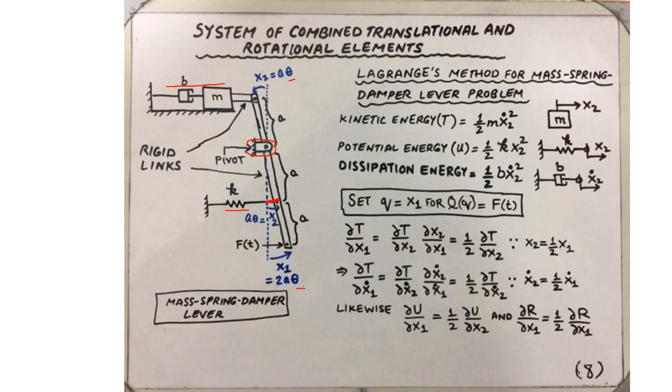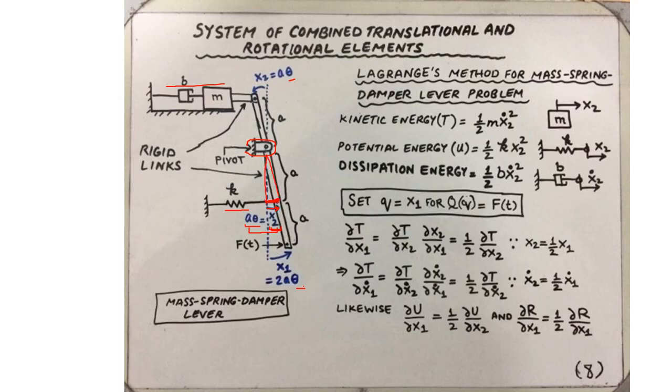For that, we can once again fall back on the small angle approximation, and we say that the linear displacement of the right terminal of the spring is equal to x2, where x2 is the arc length over here, this one.